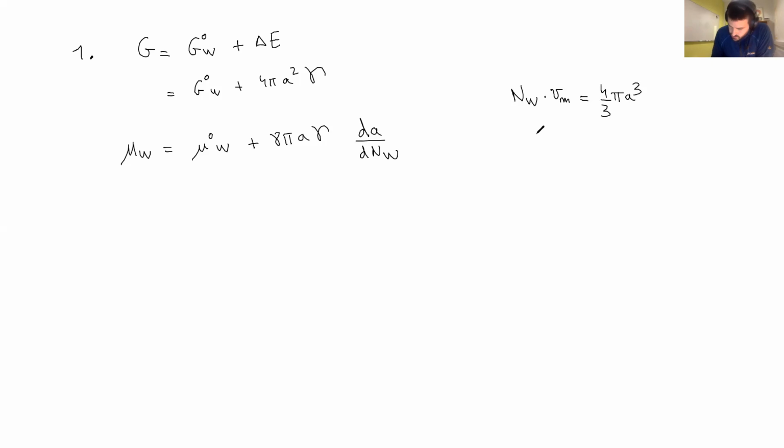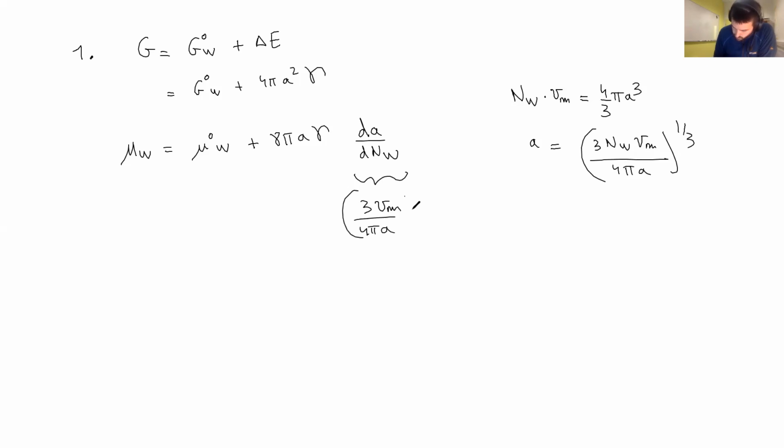So this guy is 3 n_water volume of a molecule divided by 4 pi to the 1/3. And so this guy is 3 Vm over 4 pi to the power 1/3 times the derivative of n_water to the 1/3, which is 1/3 n_water to the minus 2/3.